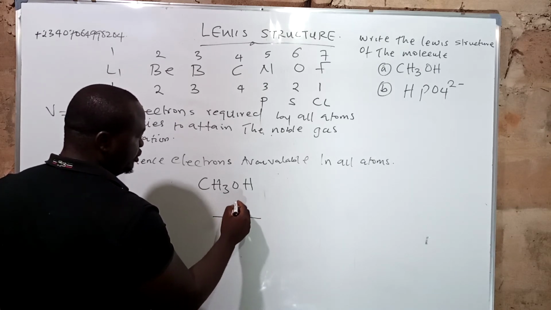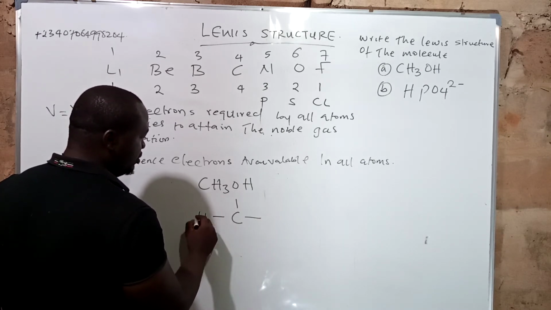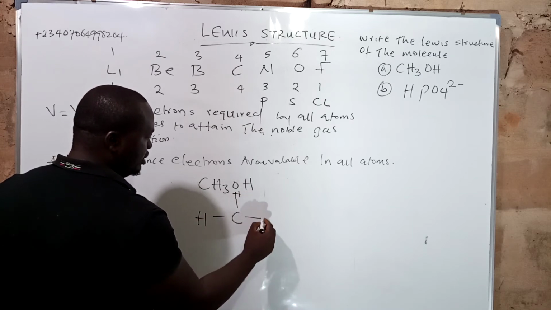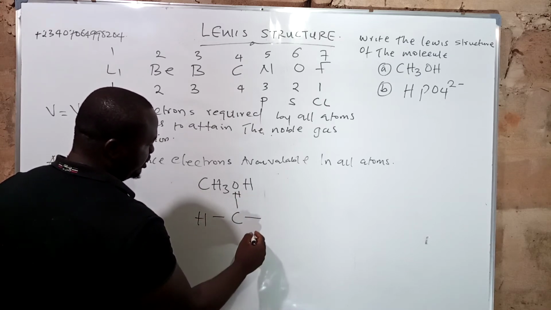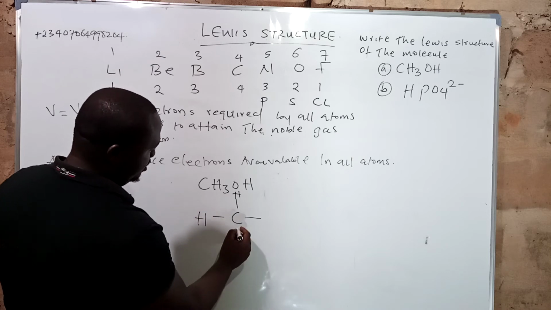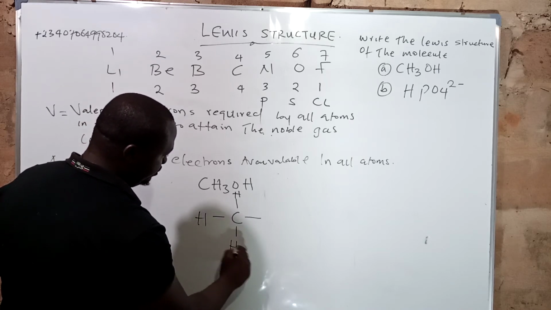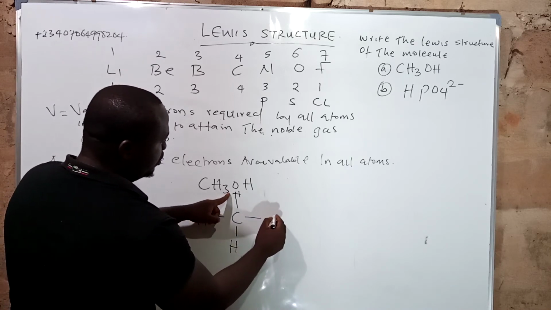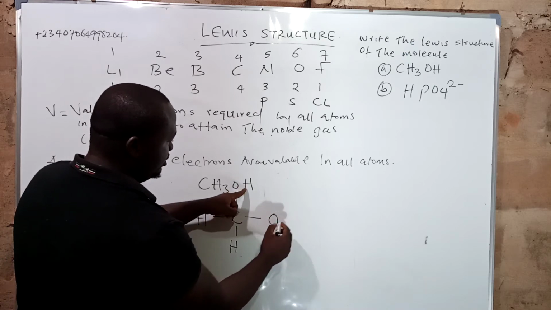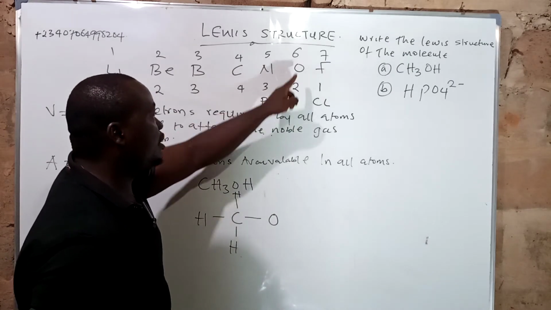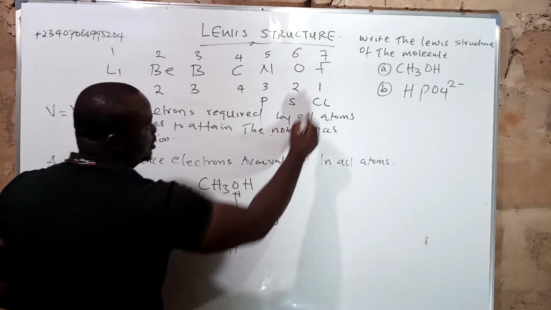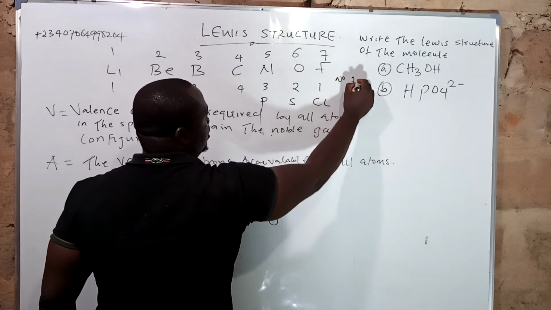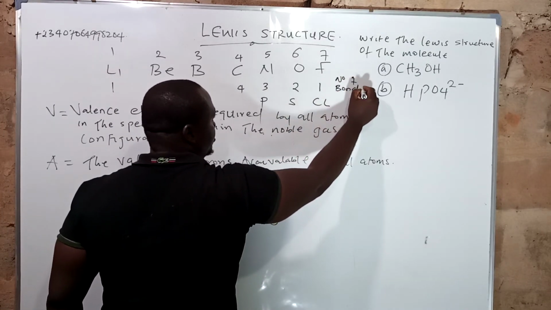So you can put hydrogen here. This is hydrogen. We have 3 hydrogen, right? Let me put one here. Then the next thing is oxygen. The number of bonds oxygen can form is 2. Remember, here it is the number of bonds, as I have said before.